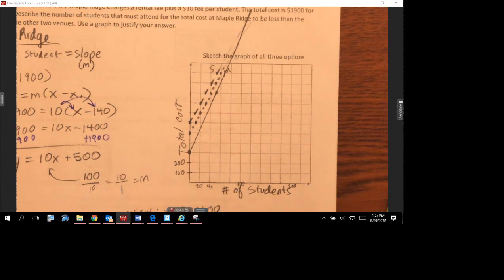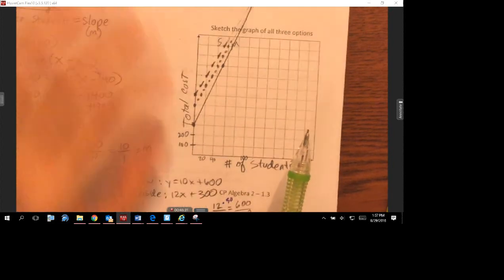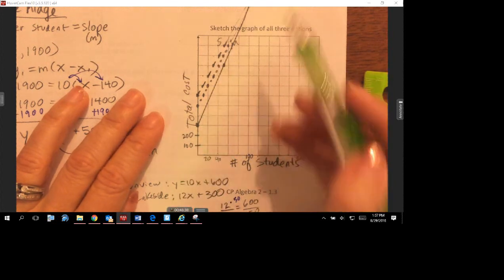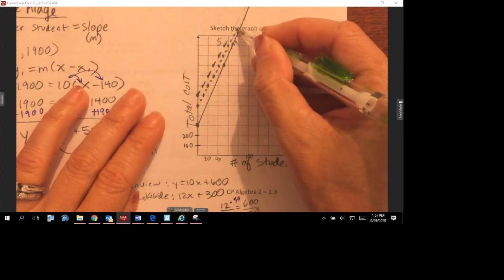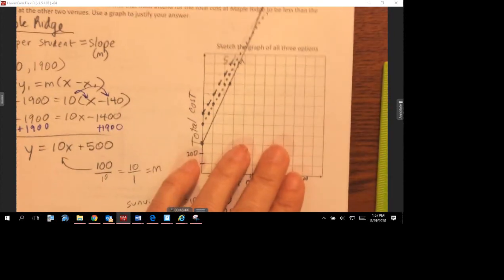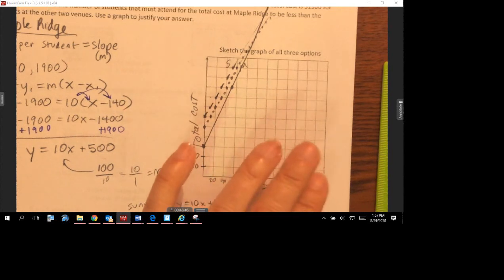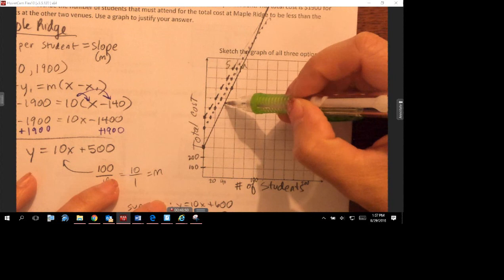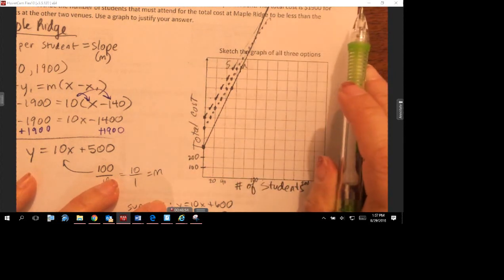For how many students is Maple Ridge less than the other two venues? Okay, so this dotted line is eventually going to be the lowest one. If I just kept going out on my graph, it's eventually going to be the lowest one. If I can find where my dotted one and this solid line cross, then I will know where it's lower.